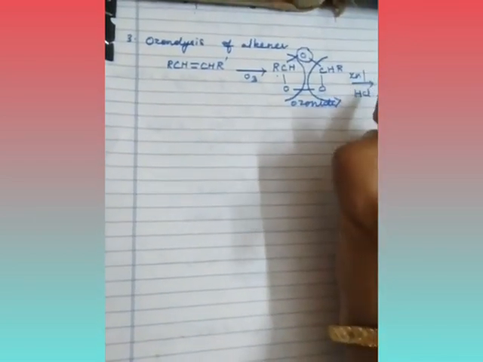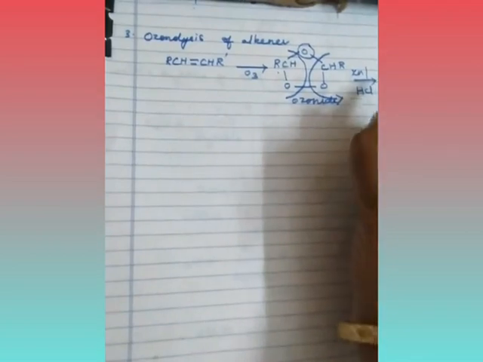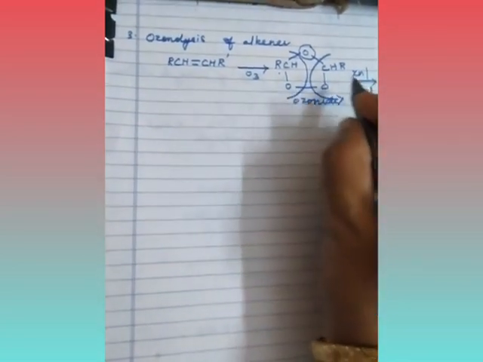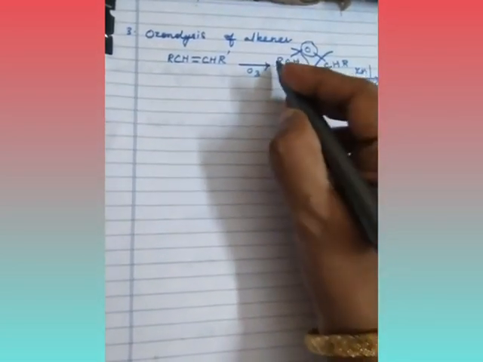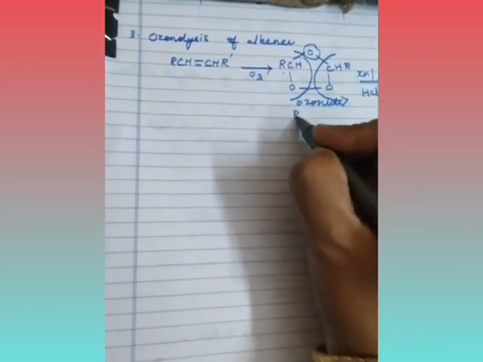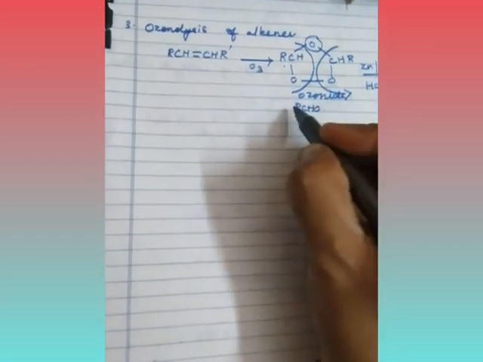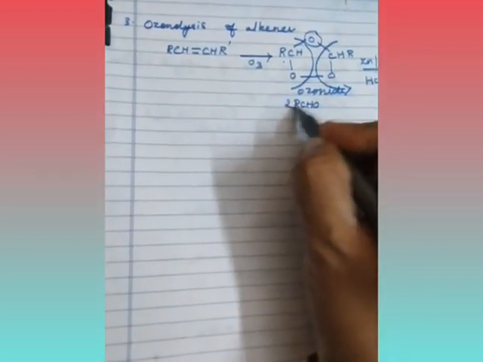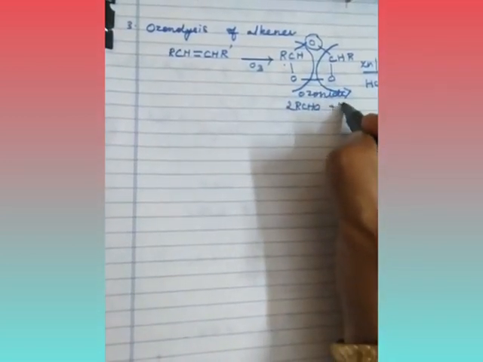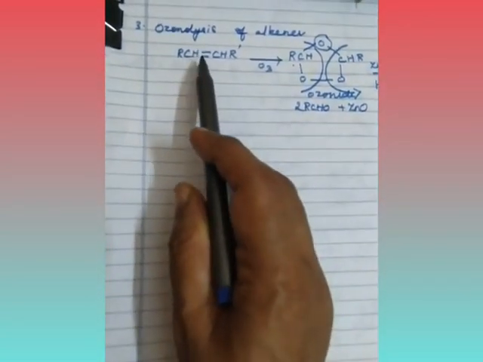That oxygen simply combines with zinc and goes as zinc oxide. So what are the compounds now we are having? RCHO, that is one aldehyde. Here also we have RCHO. So how many molecules of aldehyde do we have? Two molecules of aldehyde along with the liberation of zinc oxide. This is your ozonolysis of alkene.